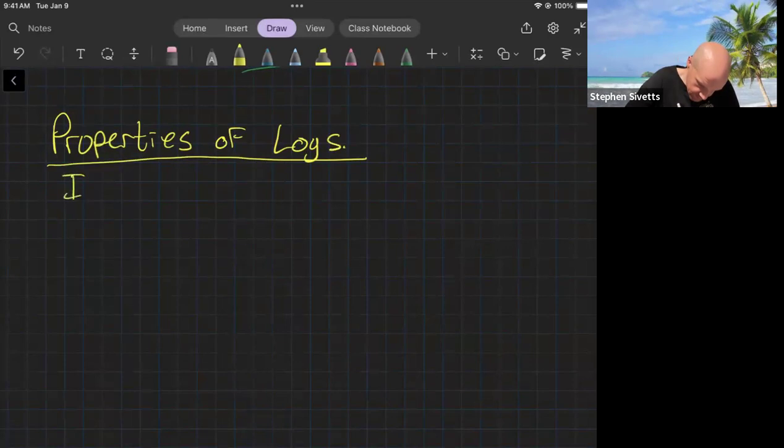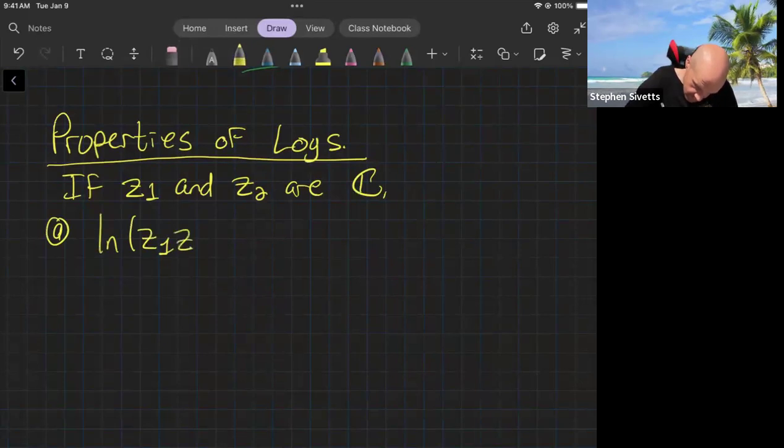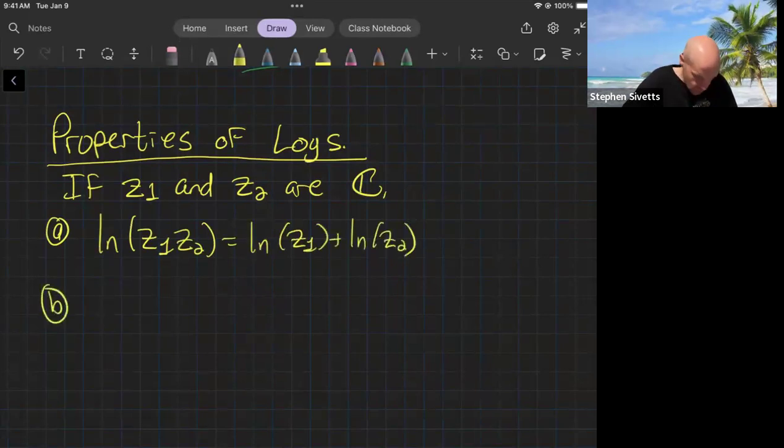So if z1 and z2 are complex numbers, this is true: natural log of z1 times z2 is equal to natural log of z1 plus natural log of z2.